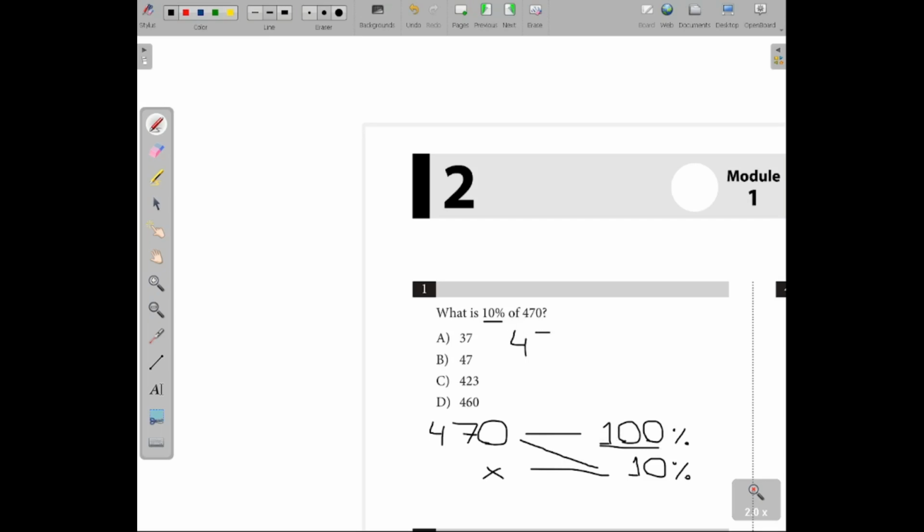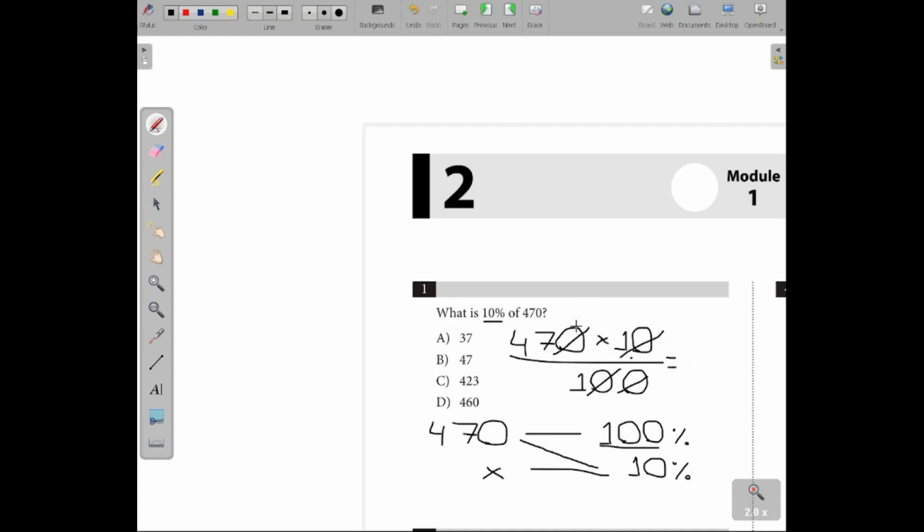We do that. 470 times 10 divided by 100. Now we can simplify the zeros, this one with this one, and this one with this other one.